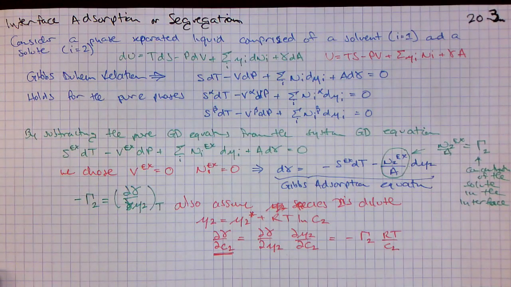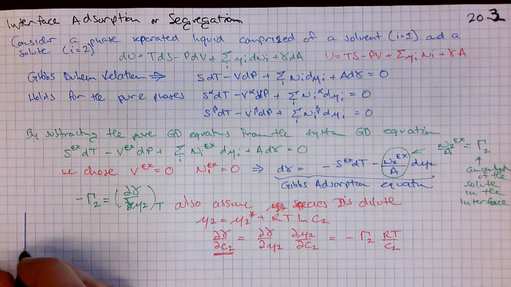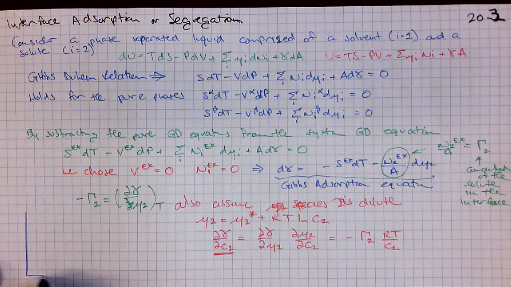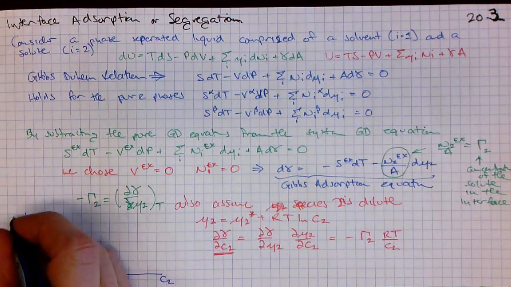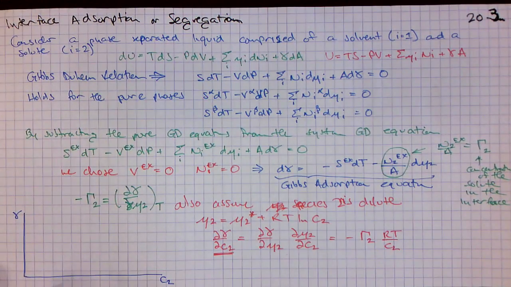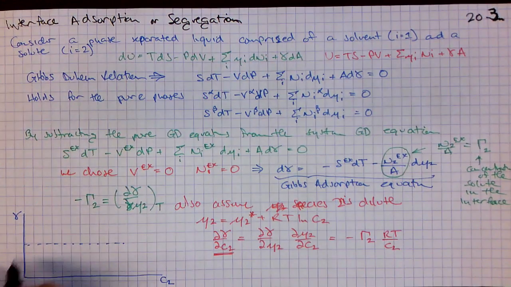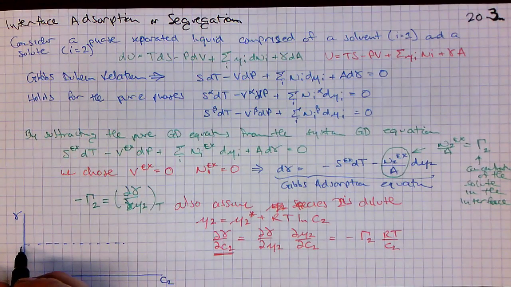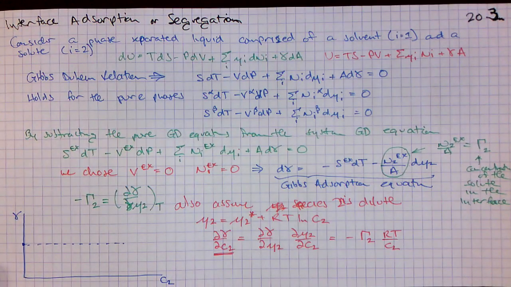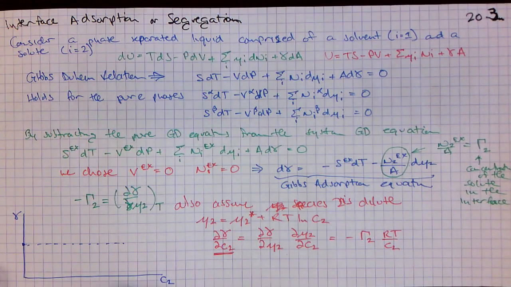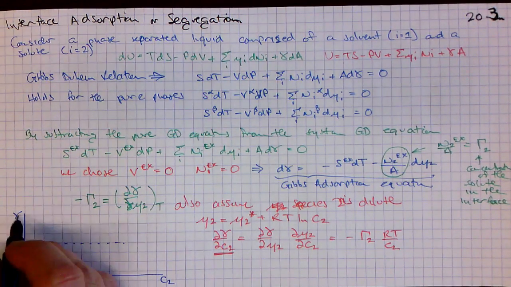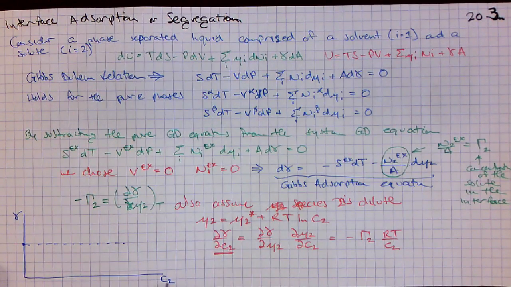So there are two possibilities here. If we think about the concentration of our solute as a function of our surface energy, let's say, in the extremely dilute limit, let's call this 0, the concentration of 2, right. So we're looking at how the surface energy changes as we change the concentration of 2.